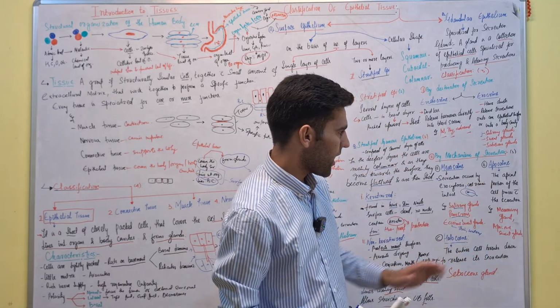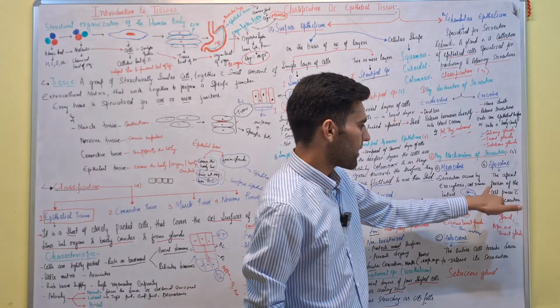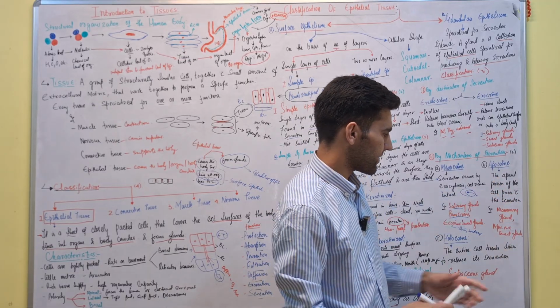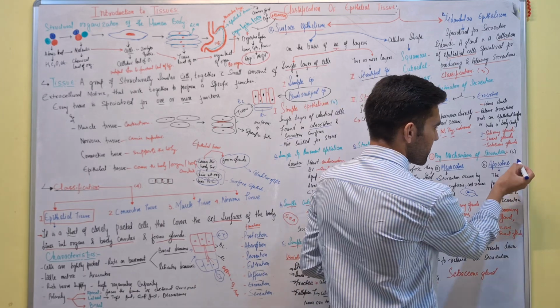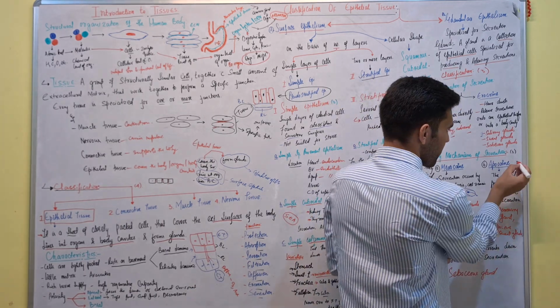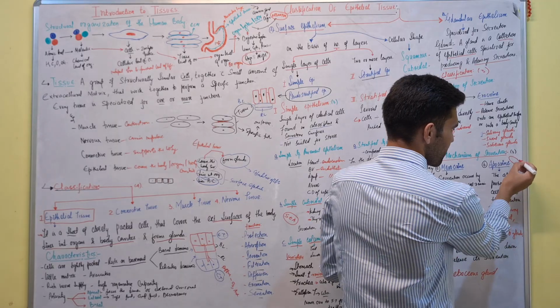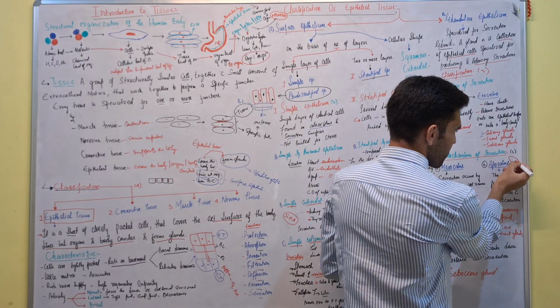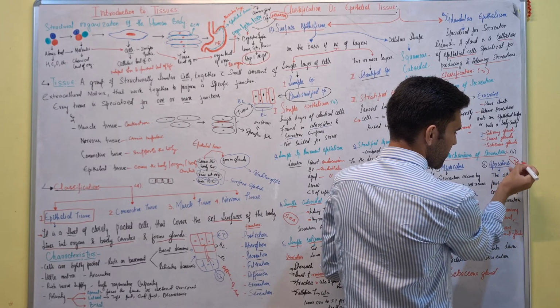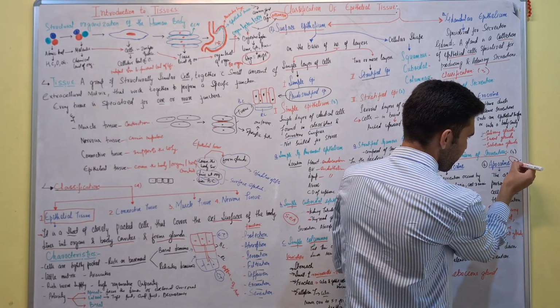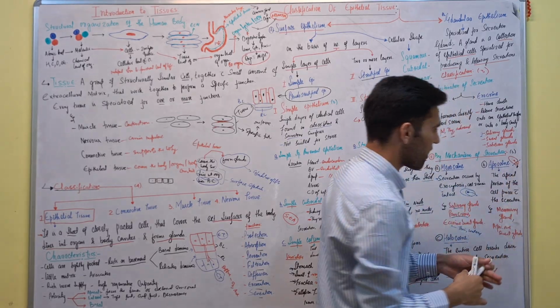Now coming to apocrine. In apocrine glands, the apical portion of the cell pinches off with the secretion. For example, this is the cell, and this is the apical portion. Secretion occurs, it moves to the apical portion, and this apical portion pinches off along with the secretion.